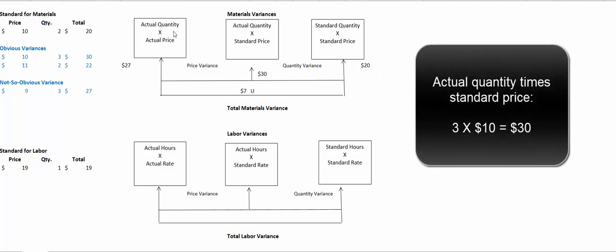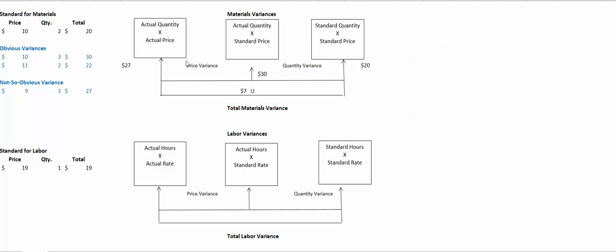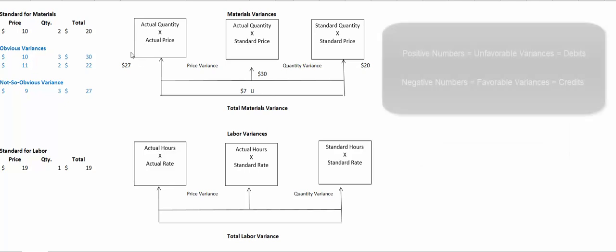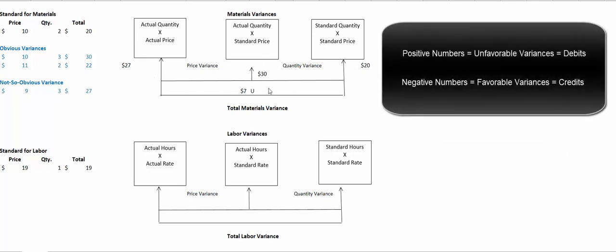So now let's figure out what the magic box is. We'll take the top from here and the second from over here. So we'll have actual quantity times standard price. That gives us the actual quantity of 3 times the standard price of 10, or 30. And again, we subtract from left to right. 27 minus 30 gives us a minus 3.